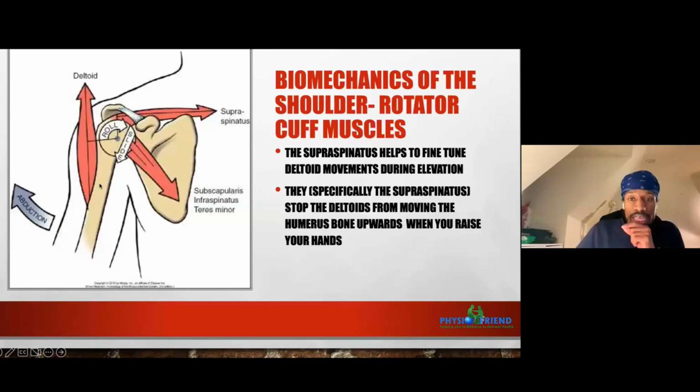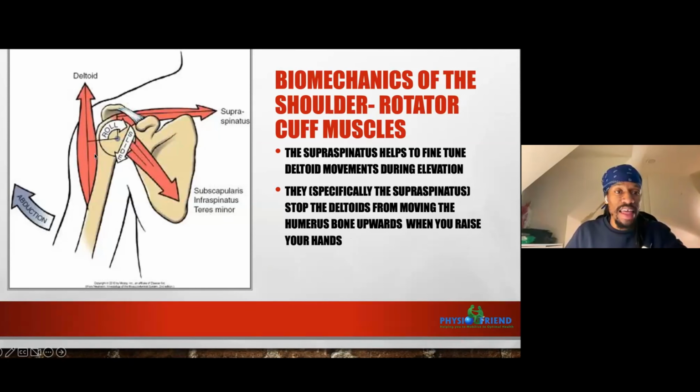This is a diagram which is also showing how, if it was up to the big muscles like the deltoid, as soon as you lift your arm up, that will just roll all the way out of the socket. However, you've got these muscles like the infraspinatus, all of the four rotator cuff muscles, holding it down.